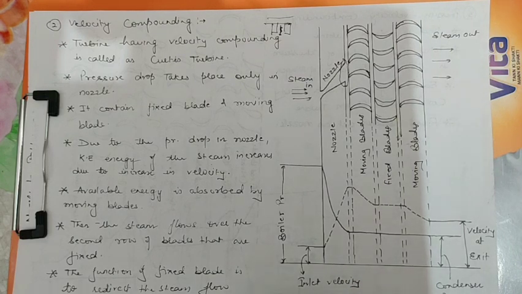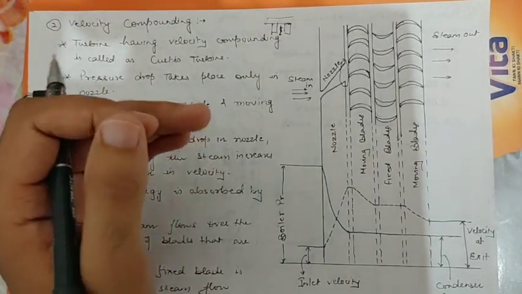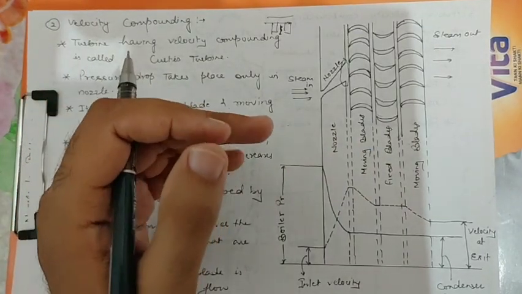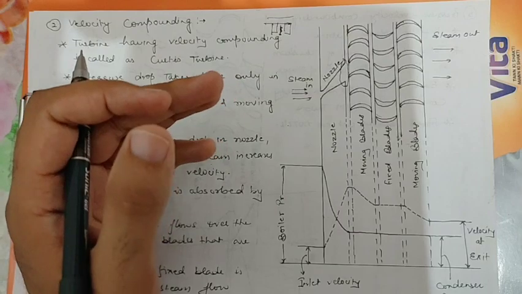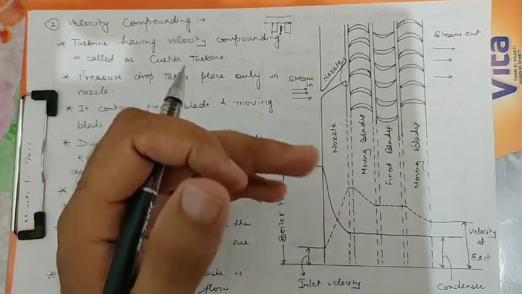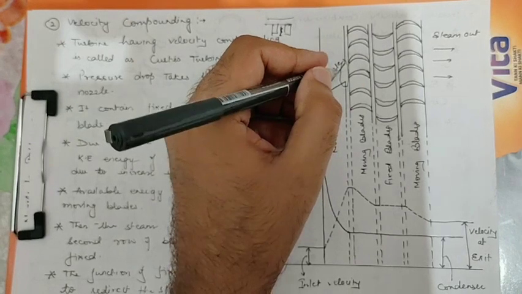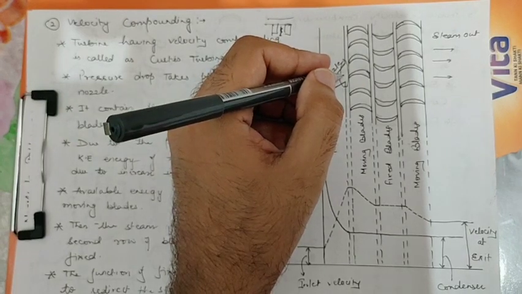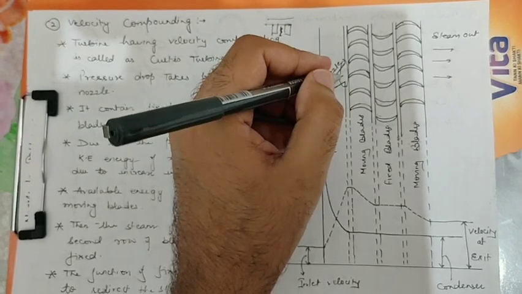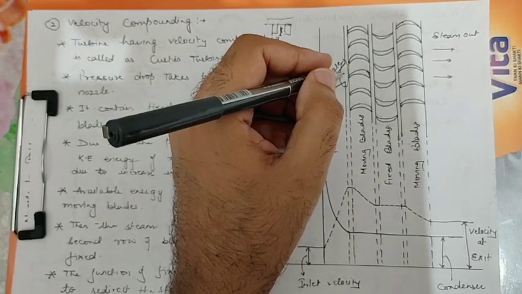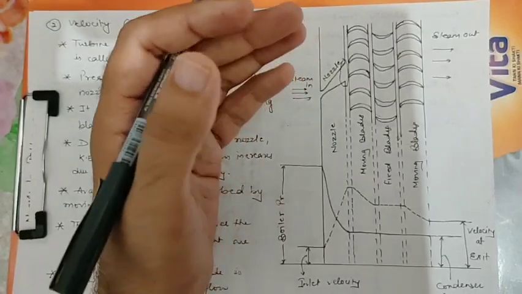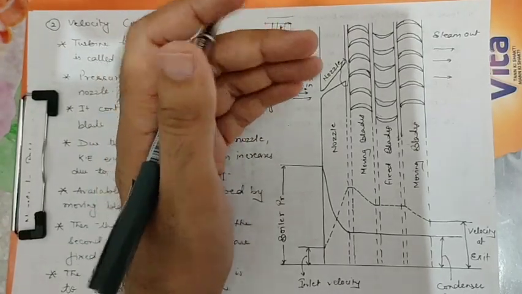Now, what are the disadvantages of using velocity compounding? The disadvantages are like this. Due to the high velocity of the steam from this nozzle, there are very high friction losses. So there is too much friction loss.